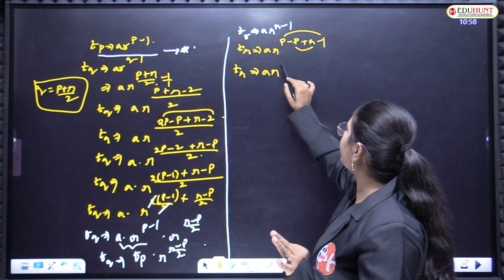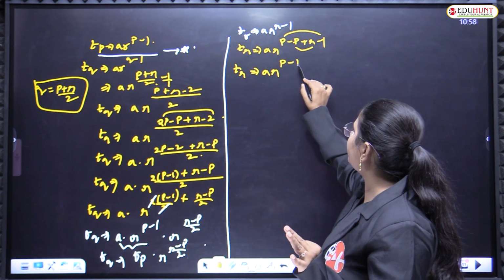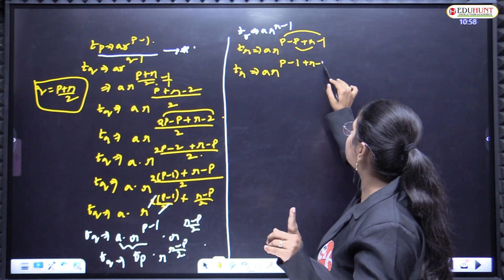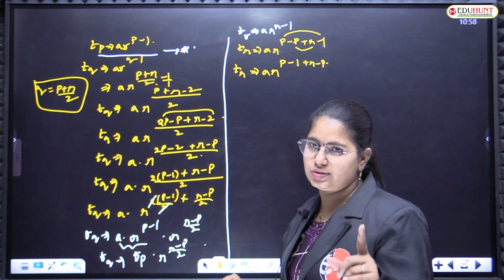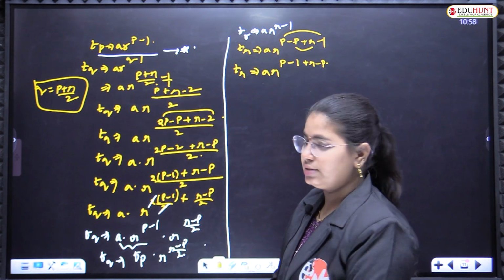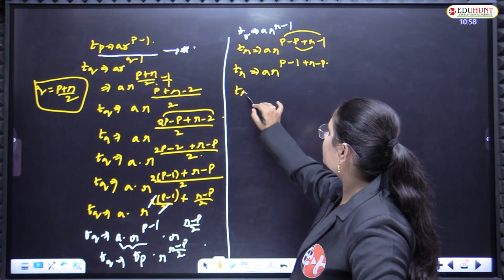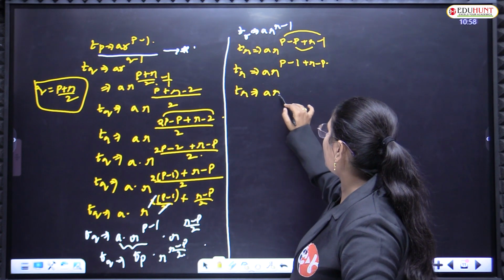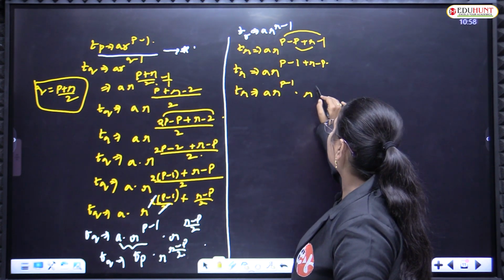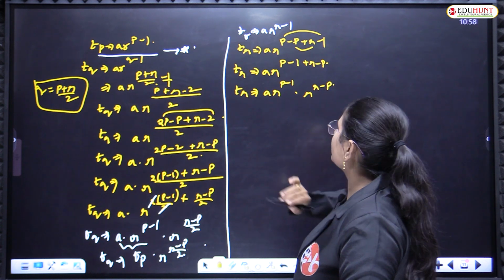Then it forms A R to the power of P minus 1 as the first term, and also R minus P. I hope everybody is clear up to this. I have just rearranged the terms. Understood? Yes. So TR is equal to A R to the power of P minus 1 into R to the power of R minus P.